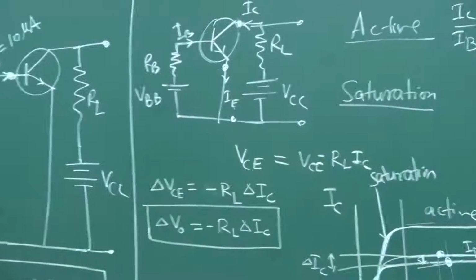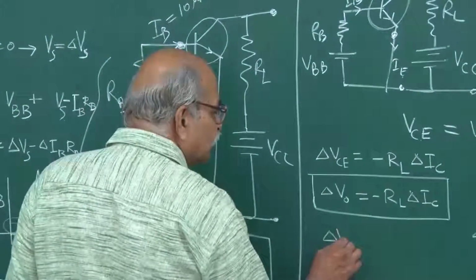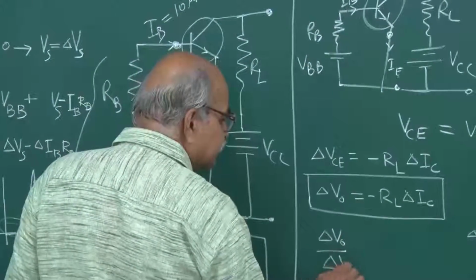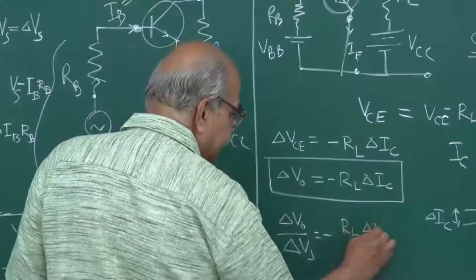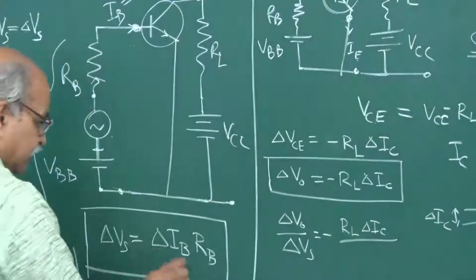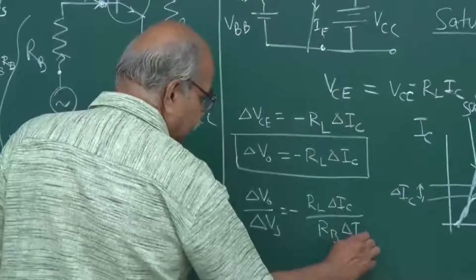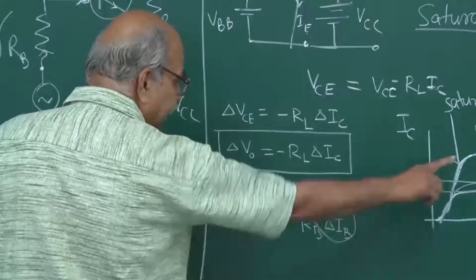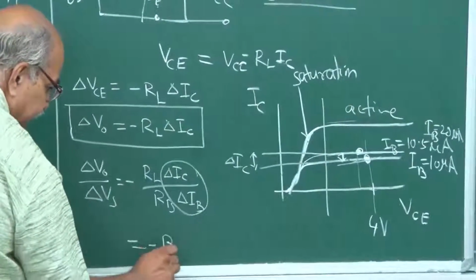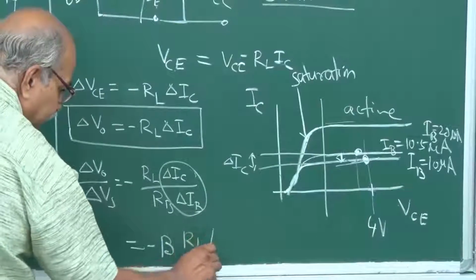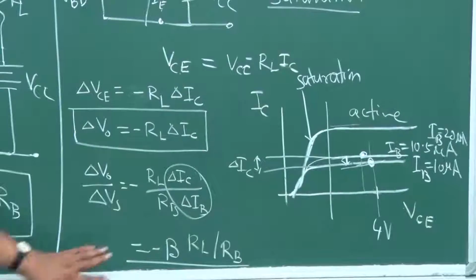And if it is all linear, delta VO divided by delta Vs is minus RL delta IC divided by RB and delta IB, and this is beta. We are in the active region, so this is beta. So, this is minus beta times RL by RB, and this is constant.